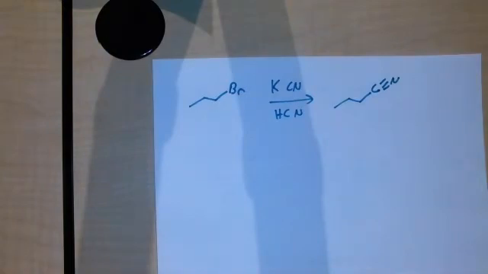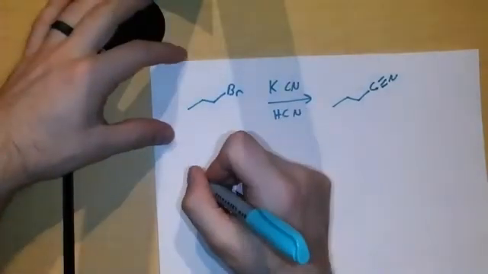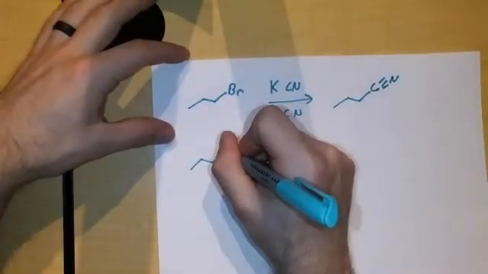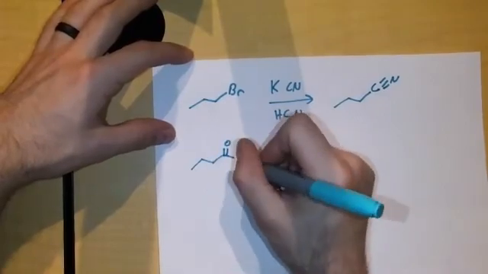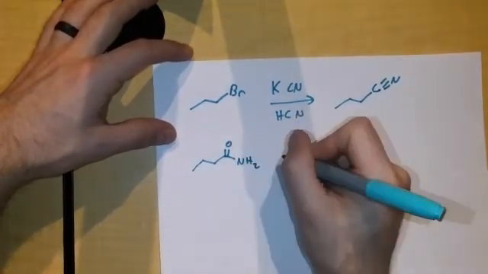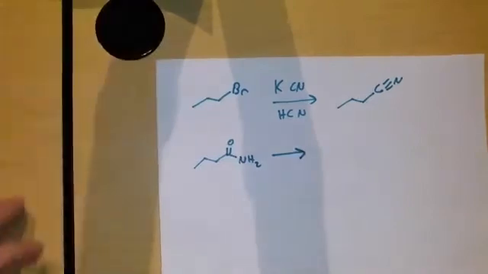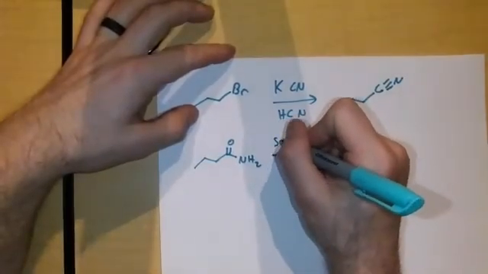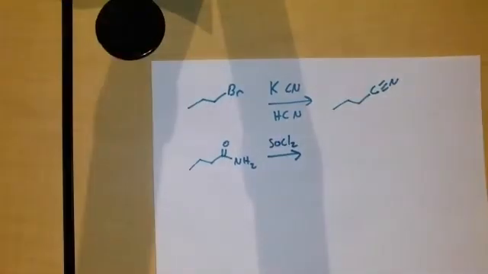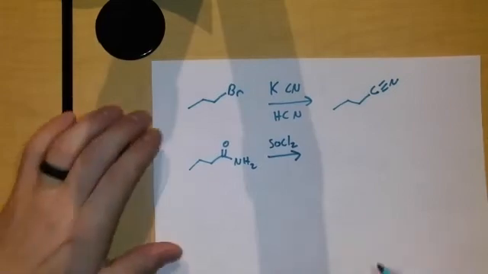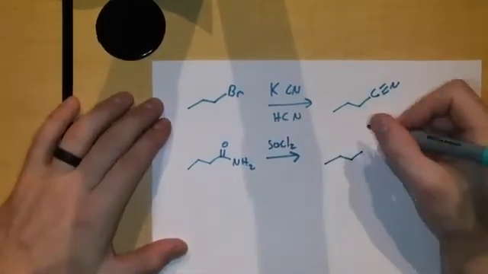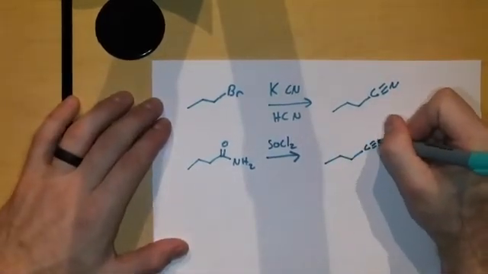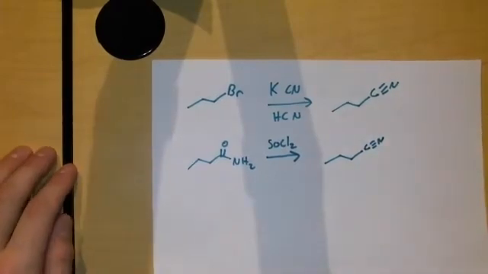The other way we can make one is through an amide. Taking an amide, if you throw in a reagent we've seen a lot, SOCl2, this is actually going to let you make a nitrile.